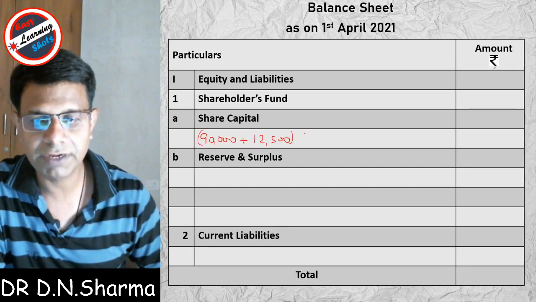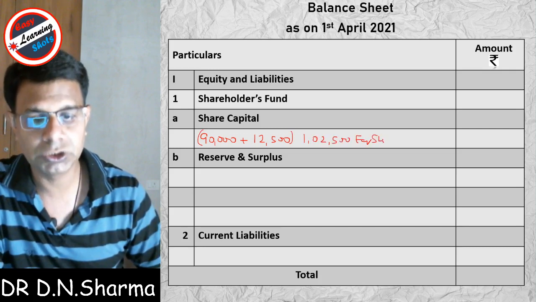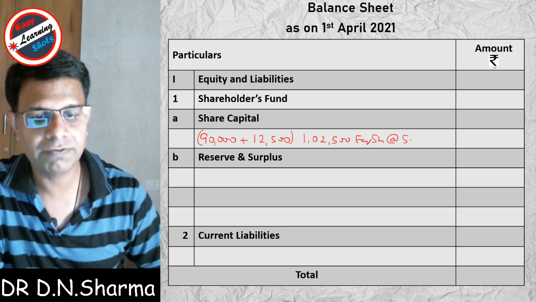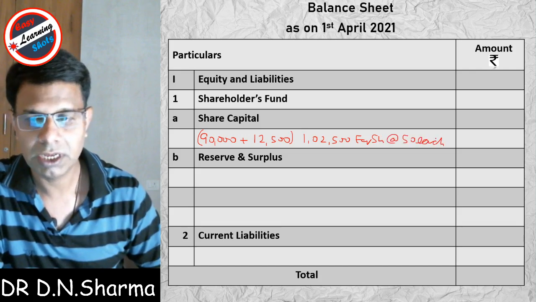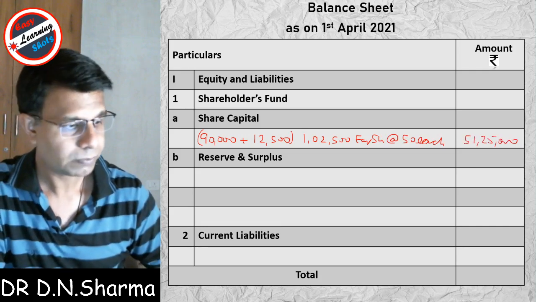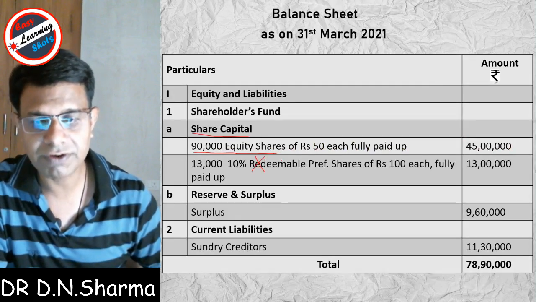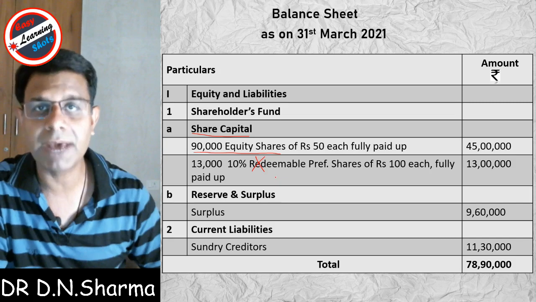So total number of equity shares now we have is 1,02,500 equity shares, issued at the rate of 50 each. So equity share capital we have is 51,25,000. Now we already redeemed the preference shares, so we do not write the preference share capital in the balance sheet.